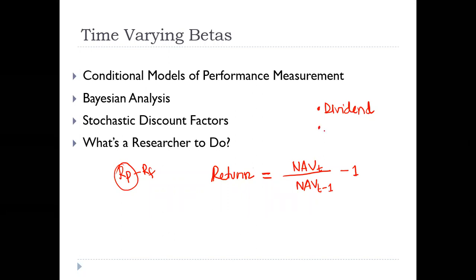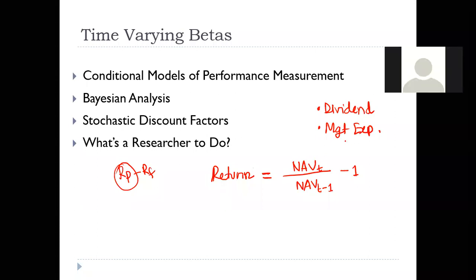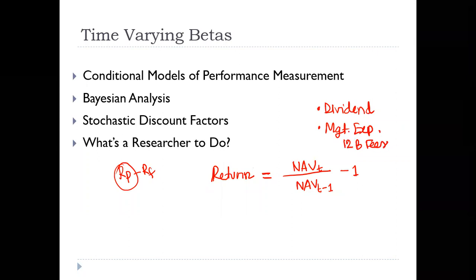And another thing which we'll have to reflect is that this NAV has been adjusted for management expenses and the 12B fees. Can you recall we have mentioned about these fees?